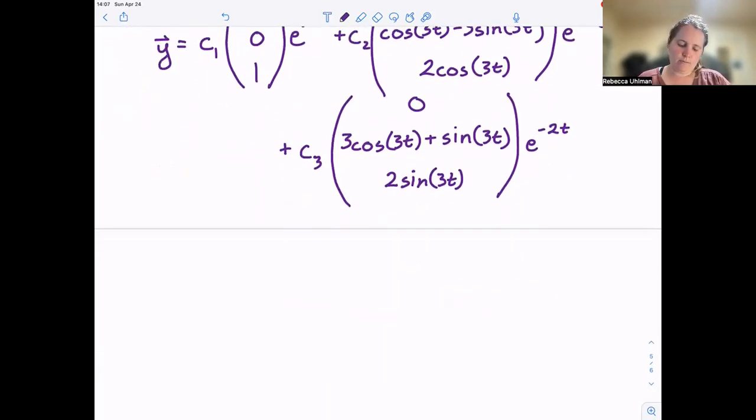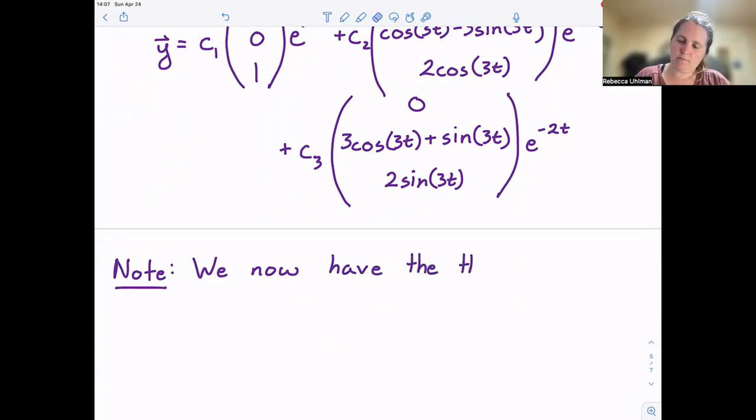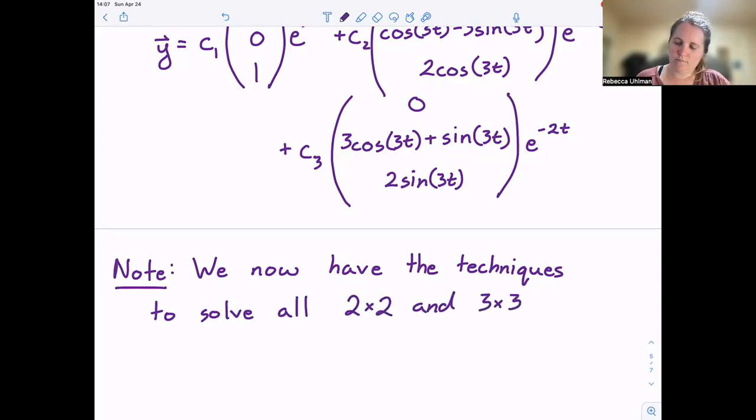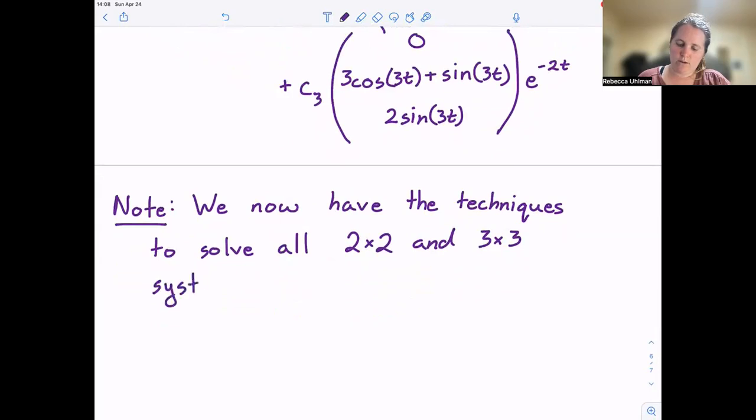Just a quick note. We now have the ability, or the techniques, to solve all 2x2 and 3x3 systems of the form y prime is equal to A times y, where A is a constant matrix.